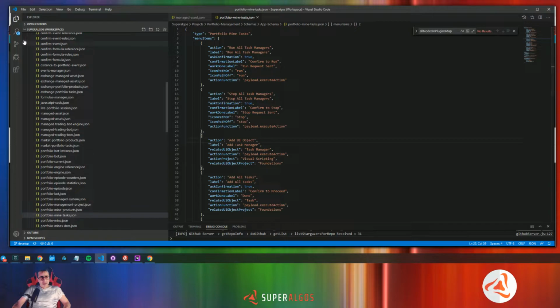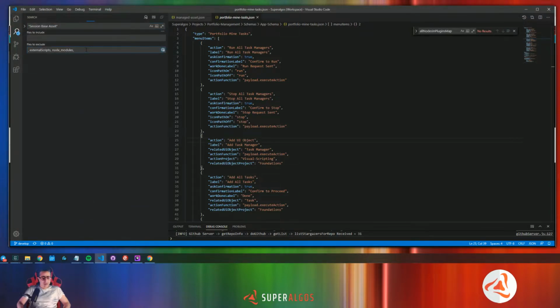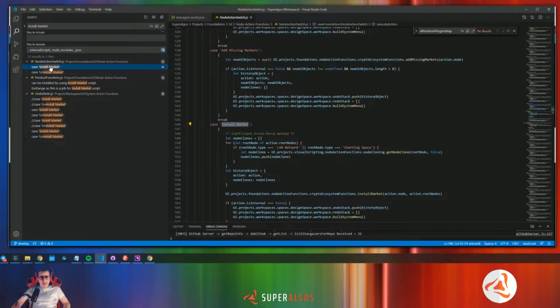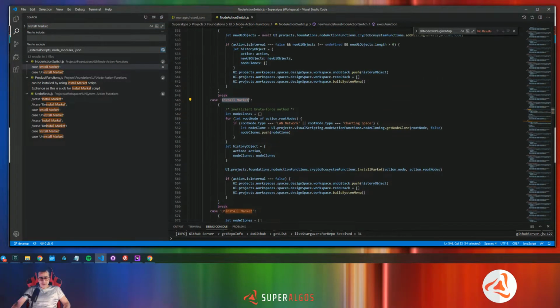to install a market. Install market. Strange, because this should exist. Install market. Node action switch. Install market. Okay.